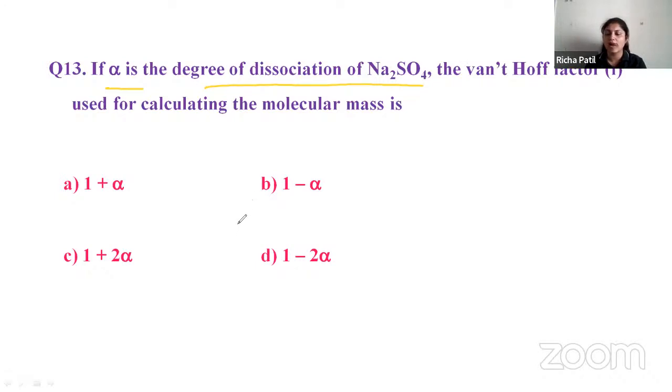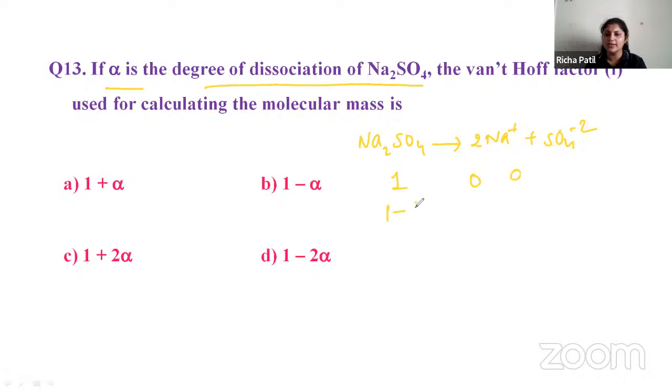Yes. What is the answer? Not B. B is not the answer. See, Na2SO4 gives you what? It gives you 2Na plus and SO4 2 minus. Okay, so it is 1 mole. So this will be 0 here, this also will be 0.